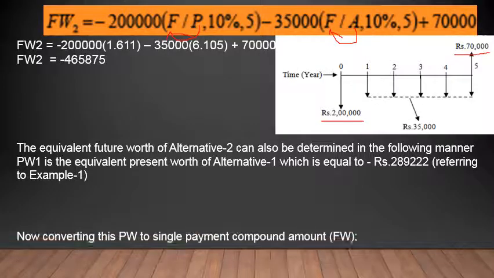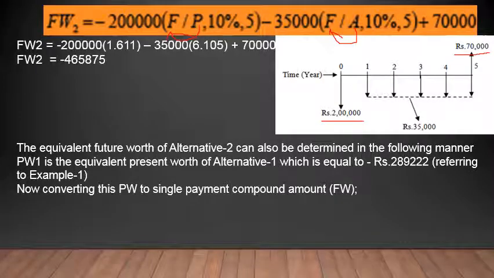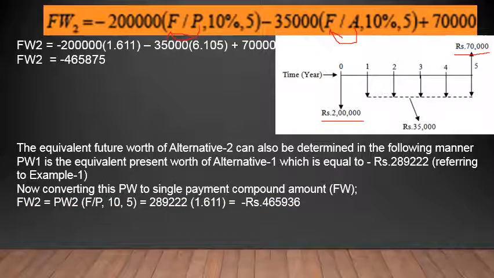Now use the factor F by P to convert this 289,222 into its future worth. FW2 is equal to PW2 multiplied by F by P comma 10 comma 5, 1.611. Get the value from the factor table.